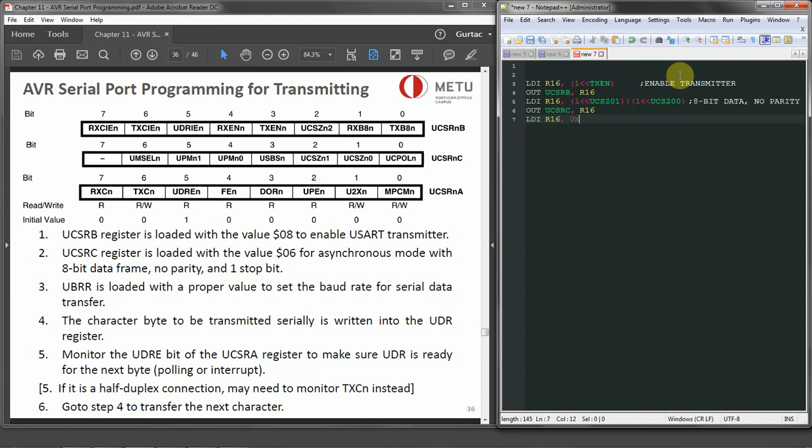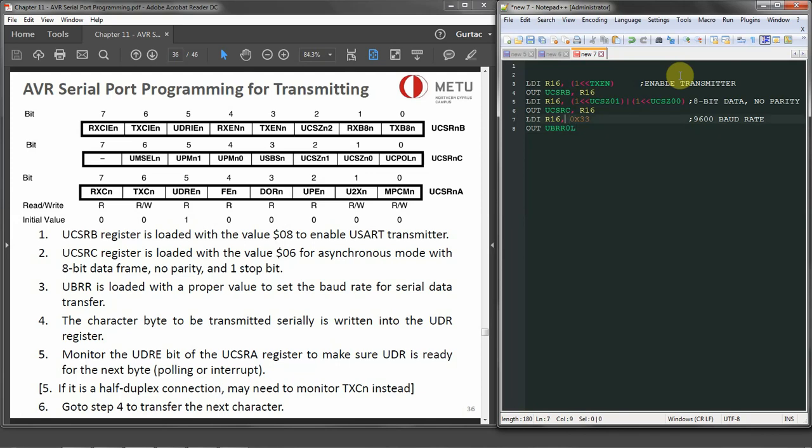So R16 0x33 is the value that we need to load, for 9600 baud with 8 MHz clock. Out is UBRR0L.